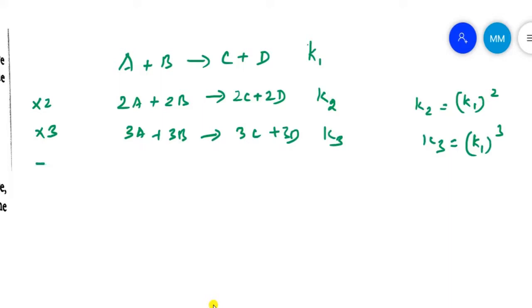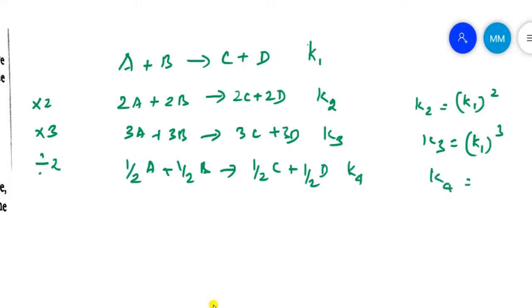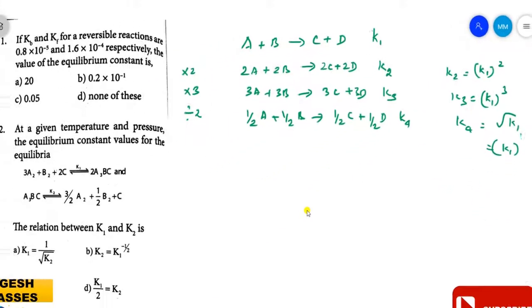Suppose the reaction is divided by 2, that is 1 by 2 moles of A plus 1 by 2 moles of B gives 1 by 2 moles of C plus 1 by 2 moles of D. It is K4. This K4 is equal to square root of K1, or K1 power 1 by 2.